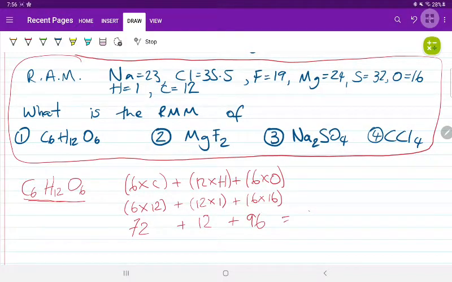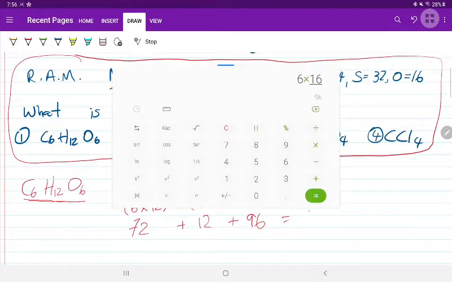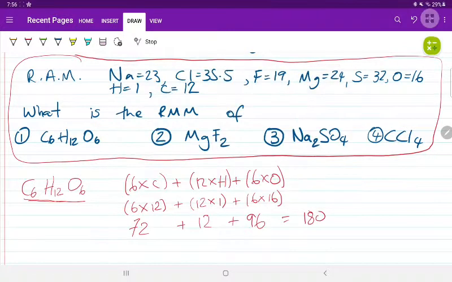And then all you have to do is sum all of that up. So 72 plus 12 plus 96. And that's 180. And remember, this is your unit. Unit is grams per mole. This is telling you that this is the mass of 1 mole of glucose.